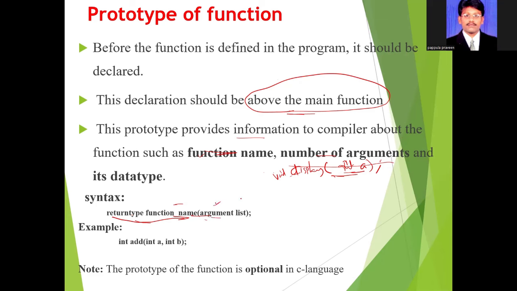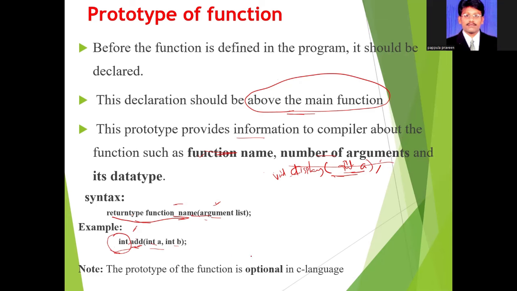Here we should take some arguments. Now, an example for this one: add. The data type is integer, the return type is integer, so you should return integral values only. Add, now the arguments are a comma b, because that function is the addition of two numbers. So we take the first integer and second integer.